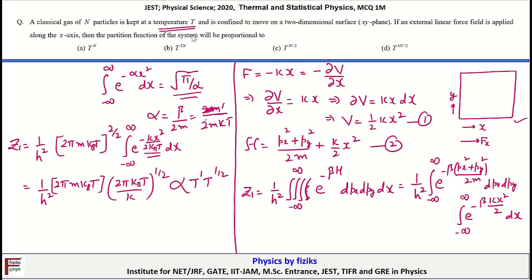So that is T power 3 by 2 for a single particle. So for n particles, the partition function will be T power 3 by 2 to the power n, so that is T power 3n by 2. Therefore option D is the correct one here.